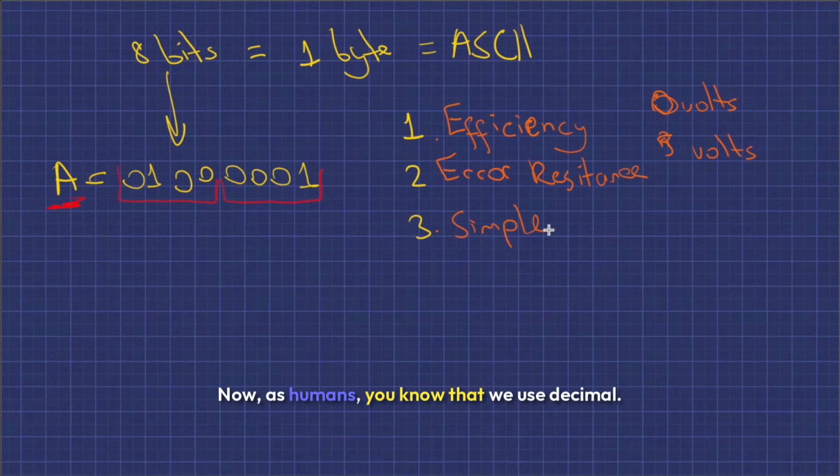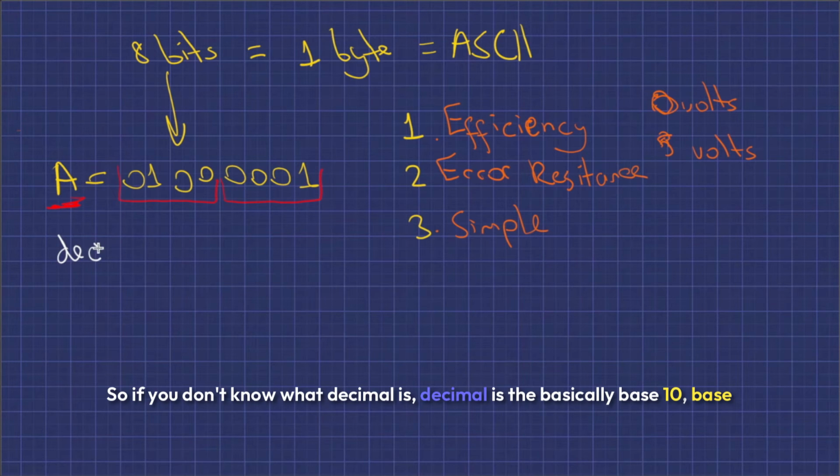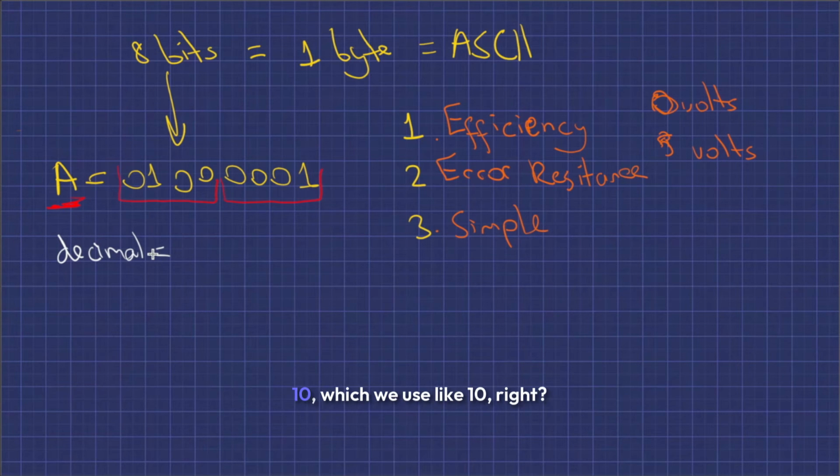Now, as humans, you know that we use decimal. If you don't know what decimal is, decimal is basically base 10, which we use like 10, right?